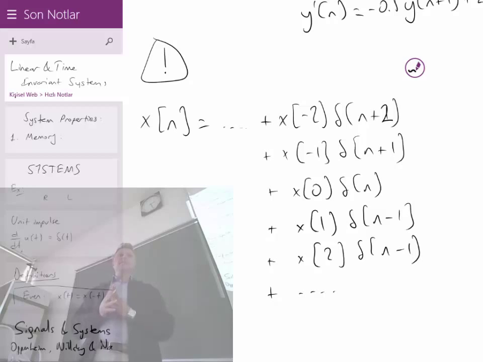Every signal, every discrete time signal can be decomposed into discrete time impulses.